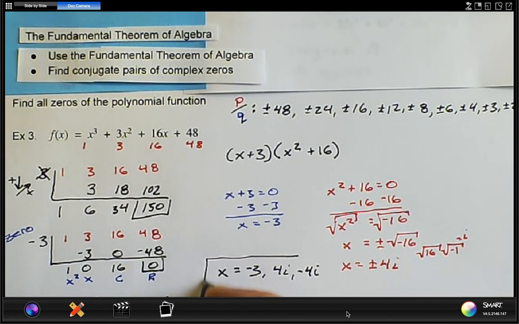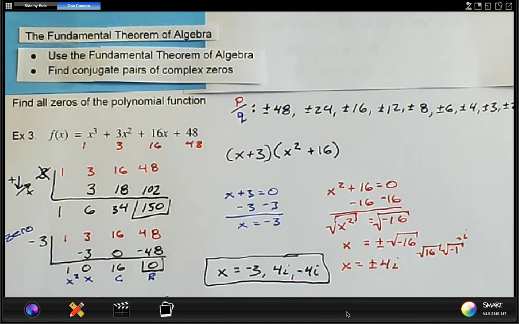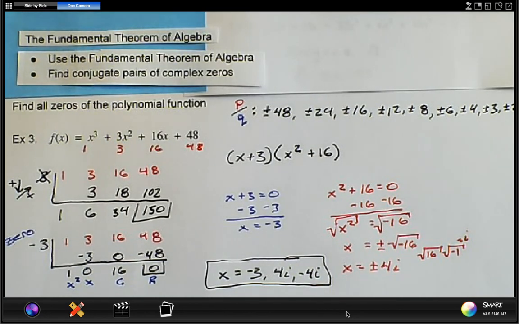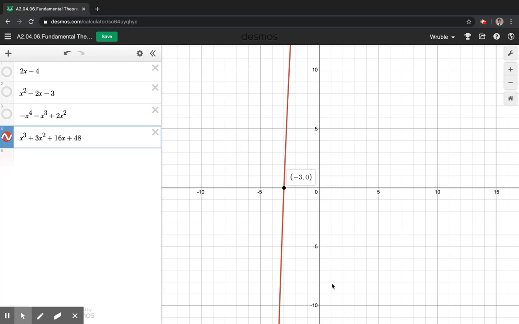Those are the three zeros for this polynomial. If we look at the graph, we can see that we have the graph typed in over here, and we have the point negative 3, 0, which we calculated, and we don't have any other spot where it crosses the x-axis. That is because our other two roots of the 3 are imaginary.